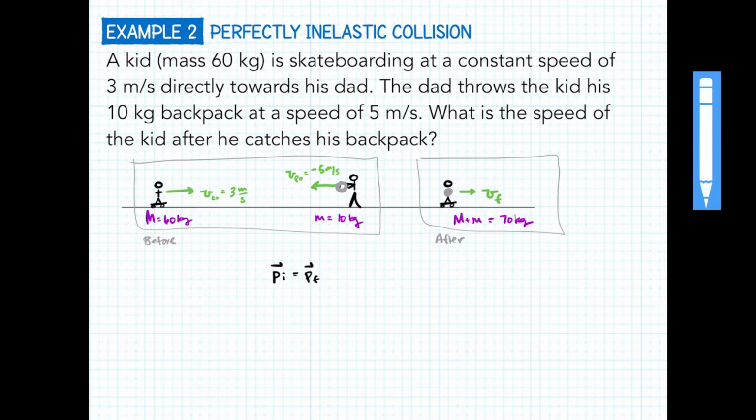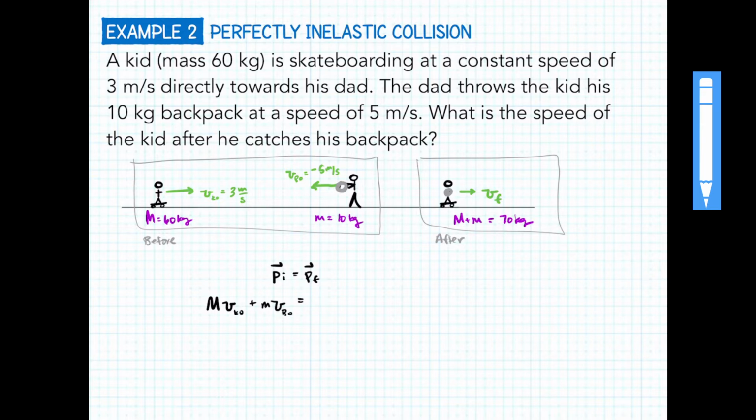So our initial momentum would be the momentum of the kid plus the momentum of the backpack. So the momentum of the kid is going to be mass of the kid, which is this big M, times V kid initial, plus the mass of the backpack times V backpack initial, okay?